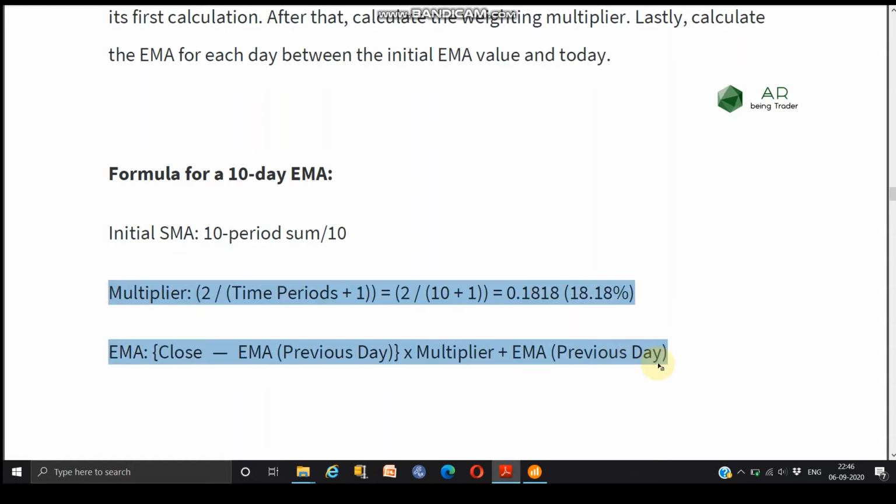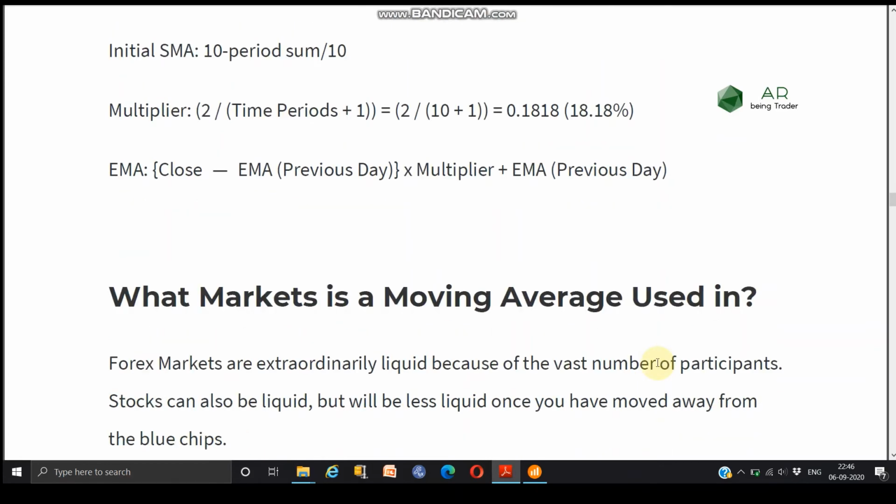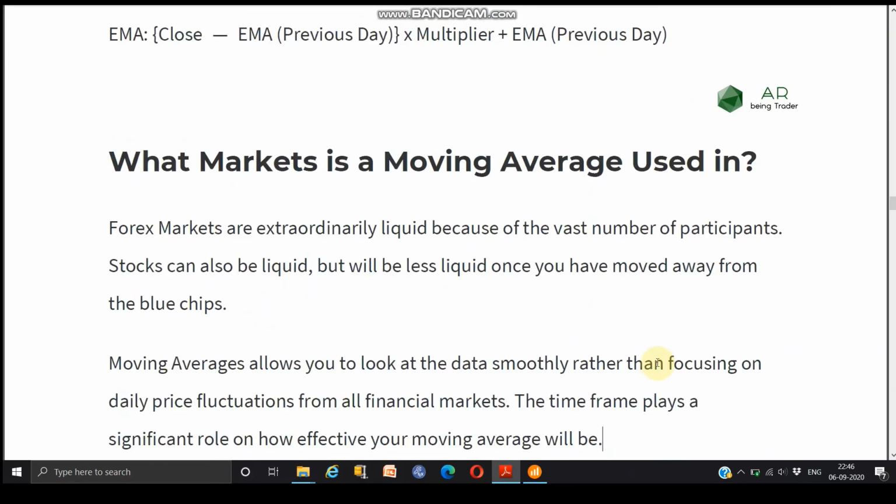We don't need to know this, I'm just telling you for your information, to give you a feel that you know about the calculation too. The actual fact is we don't need all this calculation, because we are applying it on a market and not finding anything else.